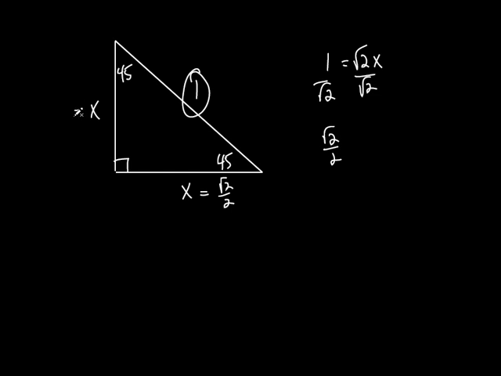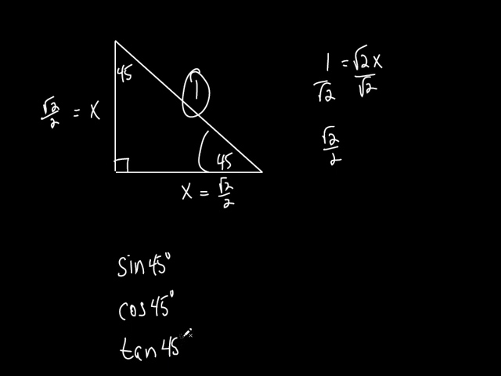Now, here's what I'm getting at. Let's say we want to take the sine of 45 degrees and the cosine of 45 without using a calculator. I've not used a calculator yet on this. I use just stuff that I've learned before. The sine of 45 is what over what?